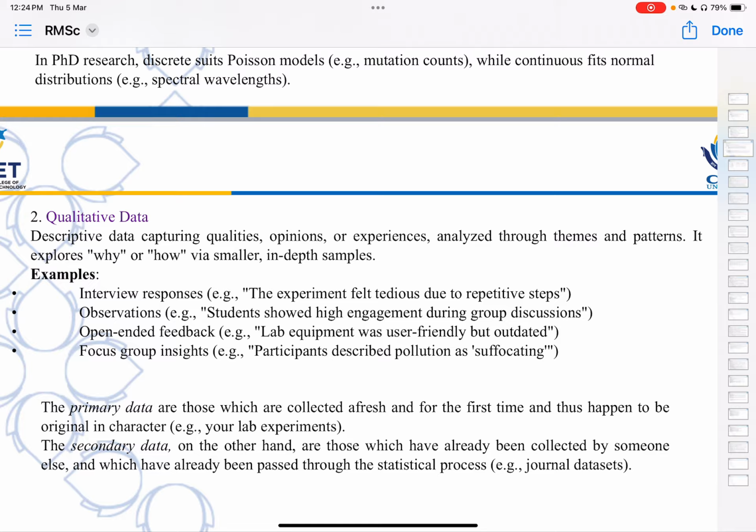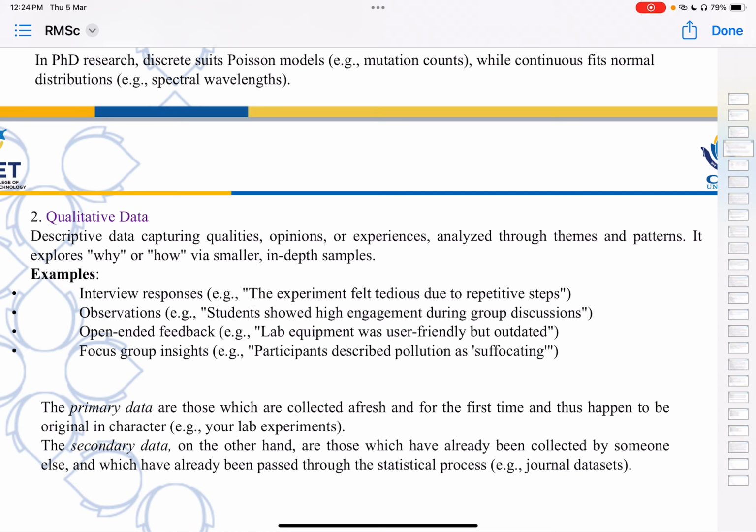We can give examples like interview responses: the experiment felt tedious due to repetitive steps. There is no number associated with this data. Or observation, like students showed high engagement during group discussions.